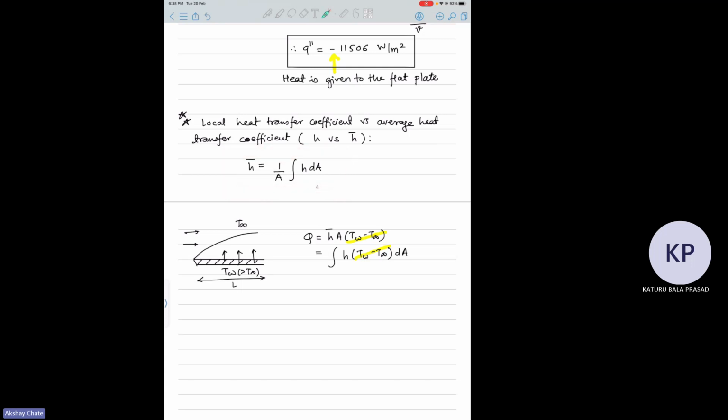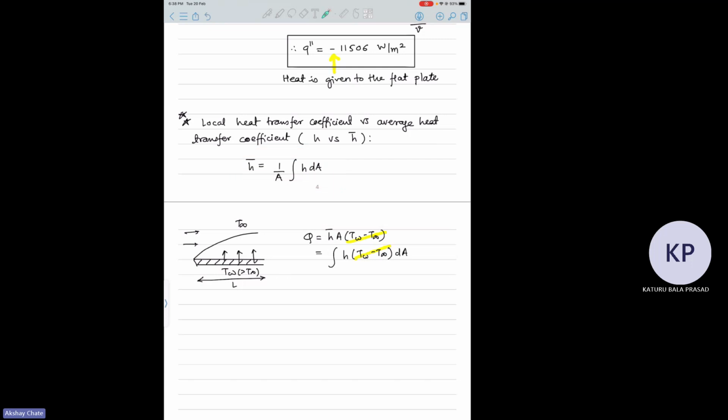This is okay, but it is a special case. There is a case where the plate is not at constant temperature, let's say it is at constant flux. So you cannot define the average heat transfer coefficient this way for all cases. You should know that.